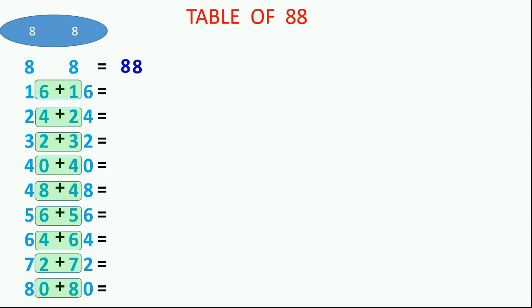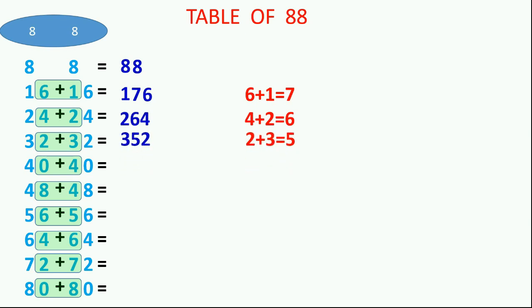First write the 6 as it is, then the addition of the center numbers, then the extreme left side number, 176. Okay, and write the same as we did just now. Same, do the same. Here the same thing is there.